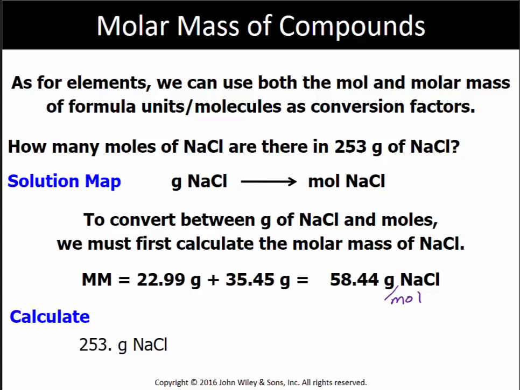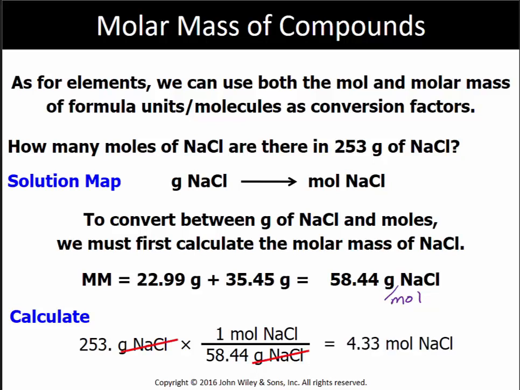Now starting with 253 grams of sodium chloride, each mole of sodium chloride is 58.44 grams, and that gives you the number of moles of sodium chloride. So still, when you have conversions between moles and mass, you use the molar mass. If you're looking at individual elements, you just use their atomic masses. If you're looking at compounds, you have to find the molar mass of the compounds.